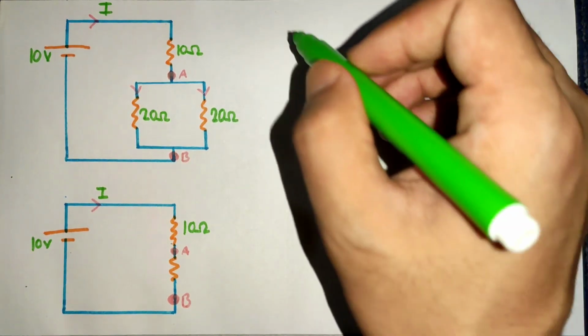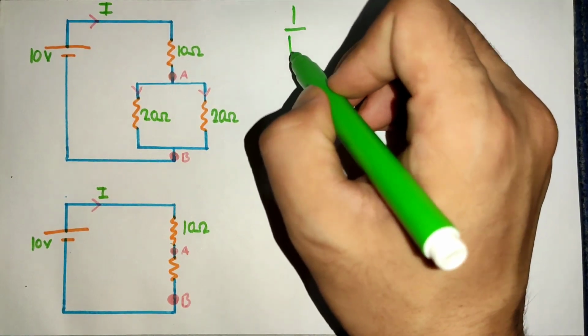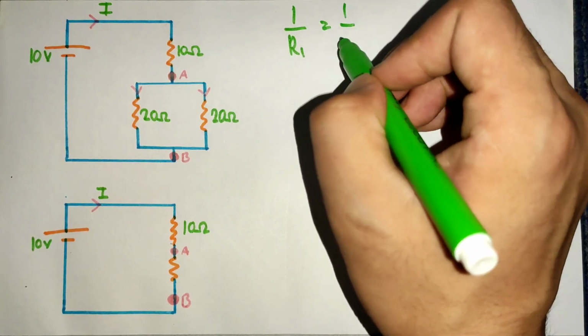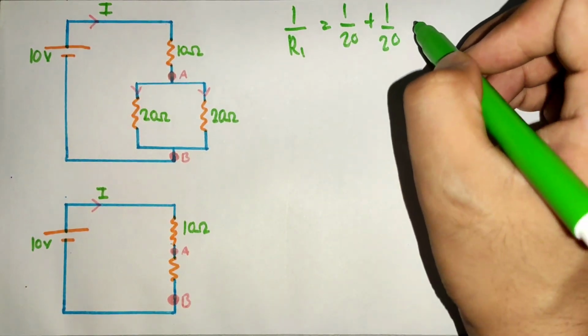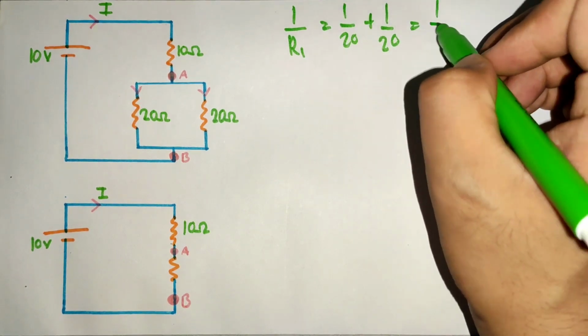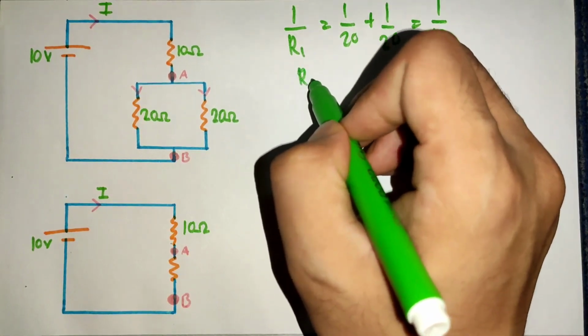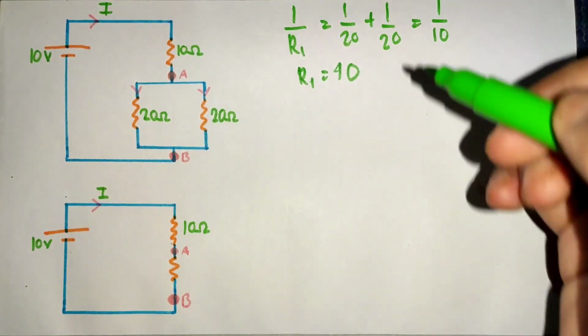We have a formula for parallel resistance. 1 by R1 equals to 1 by 20 plus 1 by 20 equals to 1 by 10, or R1 equals to 10 ohm.